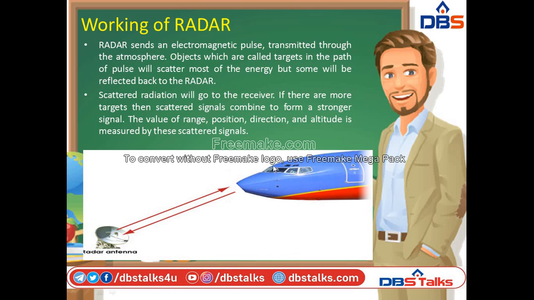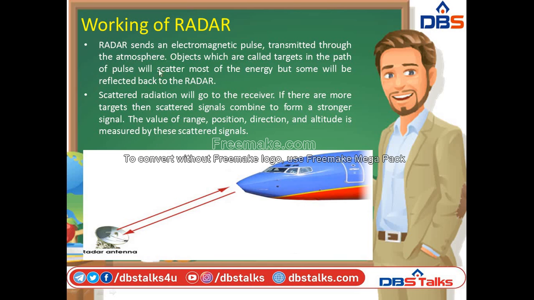See here, in this picture, a radar antenna is transmitting a signal, and this signal is hit by a target, and it is reflected back to the radar station. So by this operation, we are going to find that there is an object, and we are also finding the range of that object.